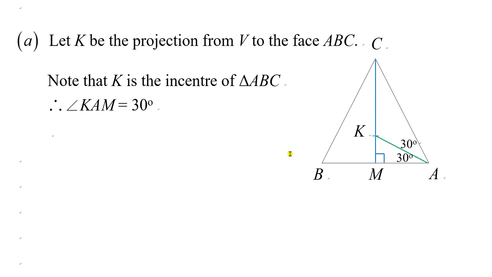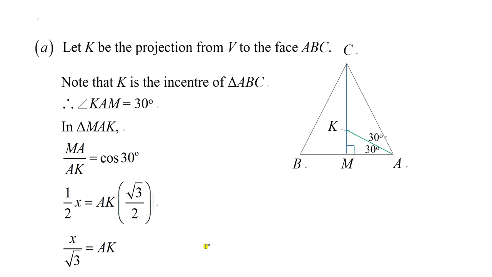In the small right angle triangle KAM, you can use trigonometric ratio to find AK. MA over AK would be cosine 30 degrees. So what is AK?